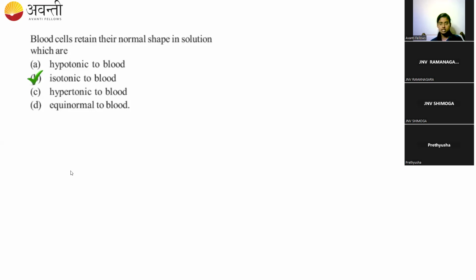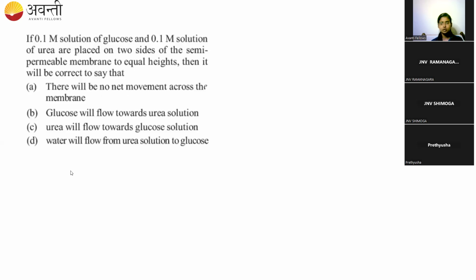Moving on to the last question for today's session. If 0.1 molar solution of glucose and 0.1 molar solution of urea are placed on two sides of a semipermeable membrane to equal heights, then which statement is correct? We have a solution of glucose and a solution of urea, both having the same concentration, placed on two sides of the membrane.